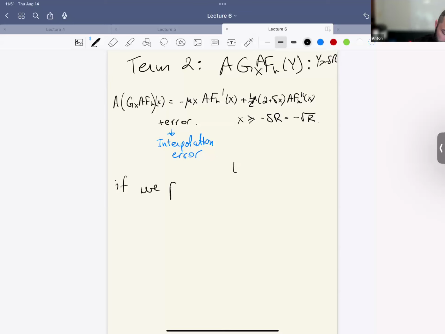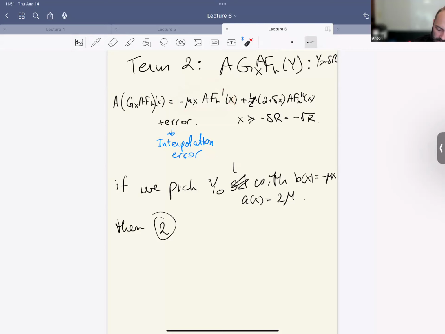If we pick y naught, with the drift negative mu of x, a of x equal to 2 mu, then number 2, basically we're going to kill the drift, we're going to kill this component of the second order term, and then number 2 is bounded by whatever error terms we've already established, plus this delta x second derivative term, delta y a sub f double prime of y.